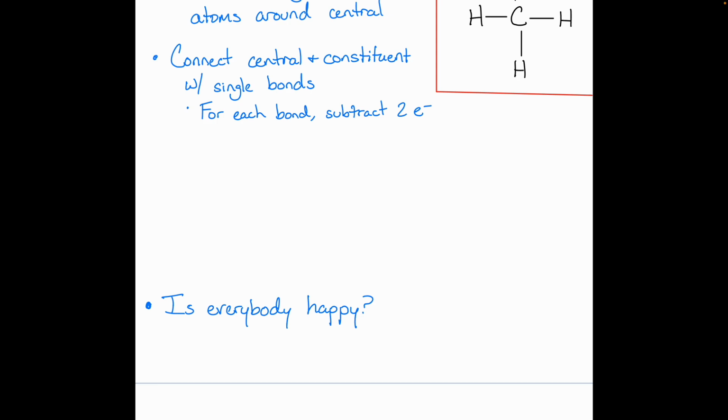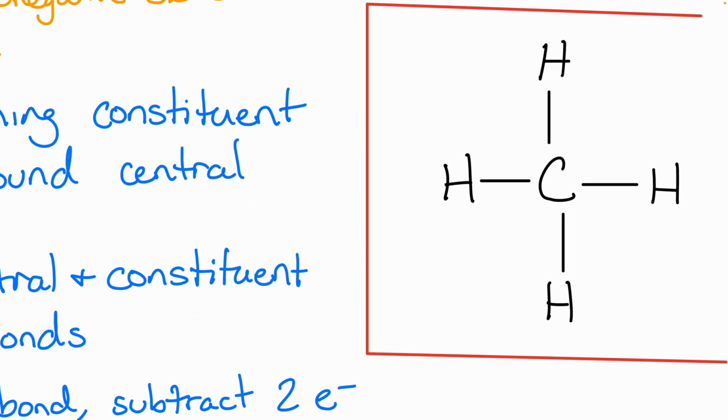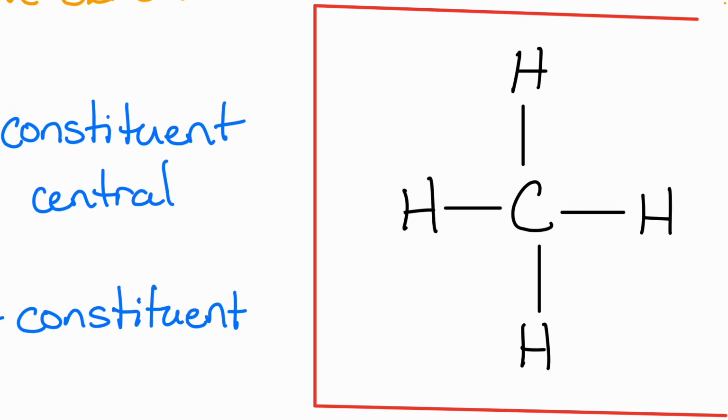Complete octet, right? That complete valence shell. All right, so once we get done laying down all of our electrons, we got to go back to our structure and double check, okay?